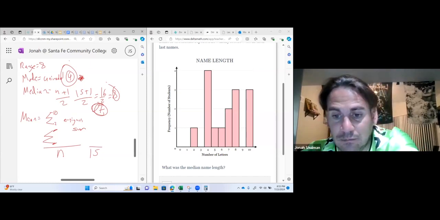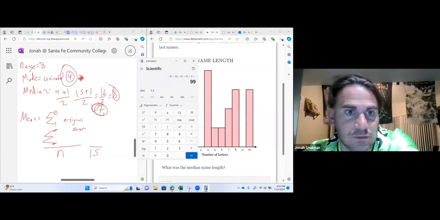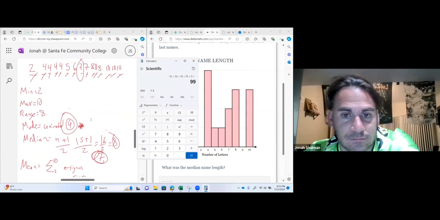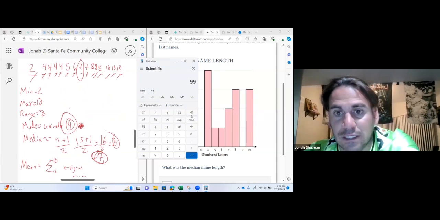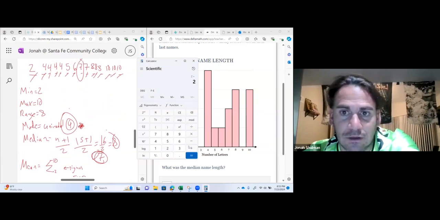And so we're just going to add them. So let's add our numbers. Obviously, I could show you standard deviation, everything else, whatever formulas you want to learn. 4 plus 4 plus 4 plus 4. And to do this faster, you can multiply. Plus 5 plus 6 plus 7 plus 7.